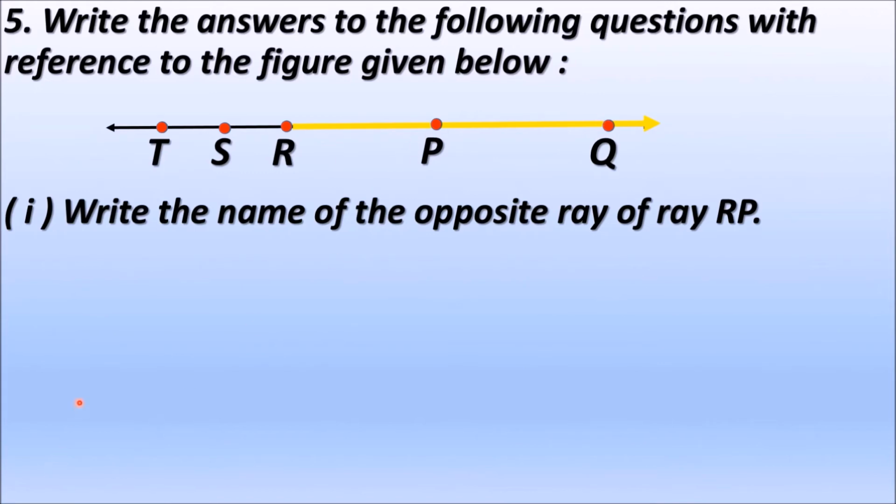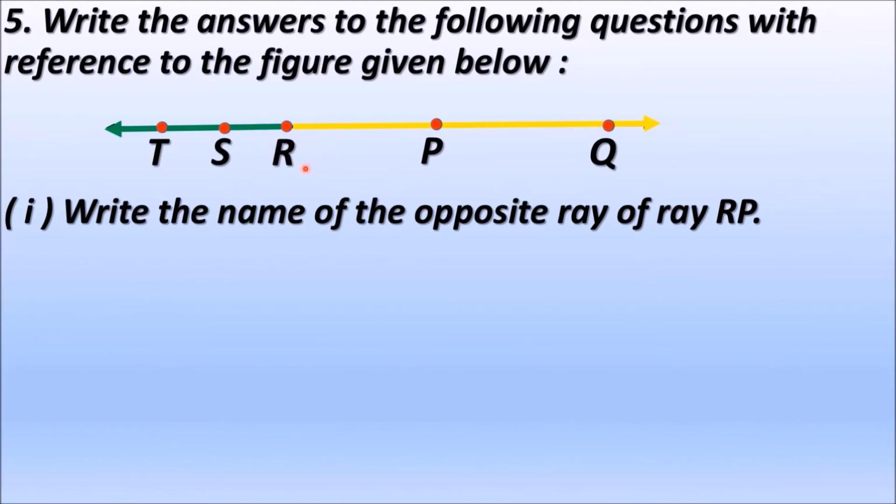Now we need to find the ray opposite to ray RP. You can see that ray RS or ray RT. Here we have two rays with the same origin, that is R, and together they form a line.